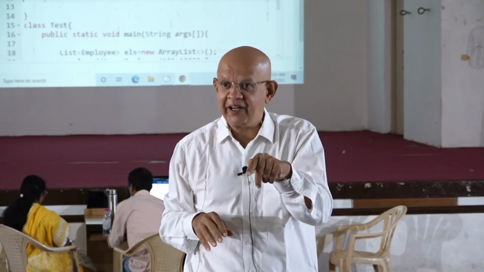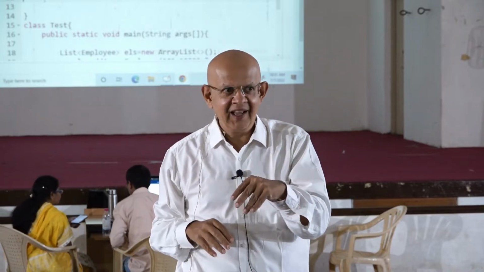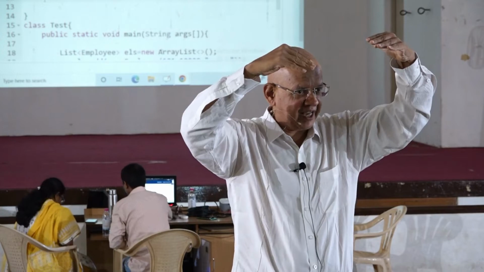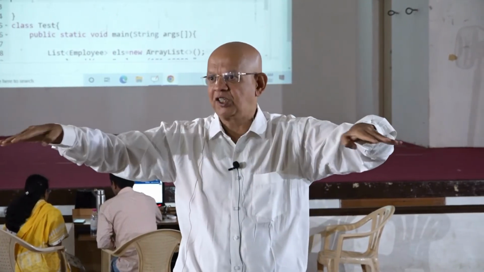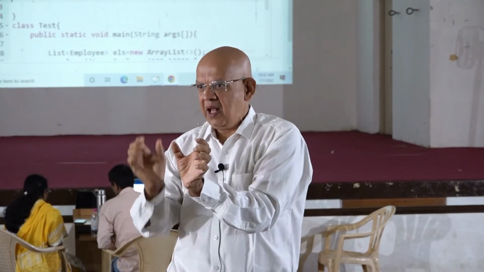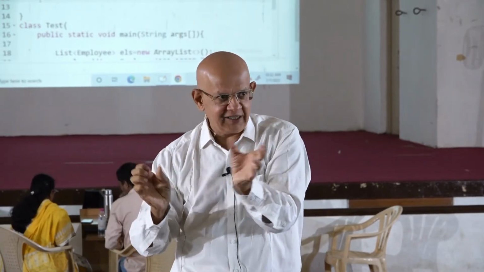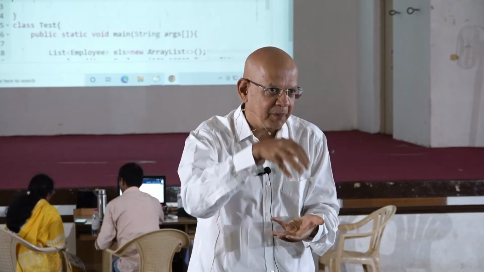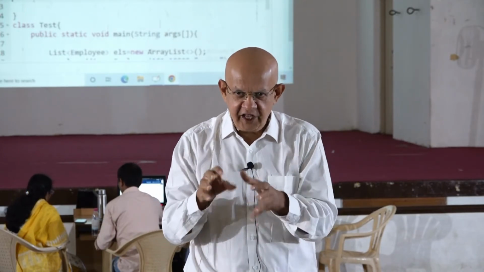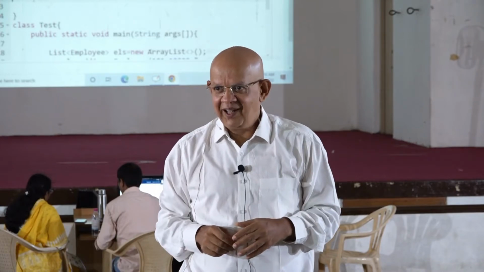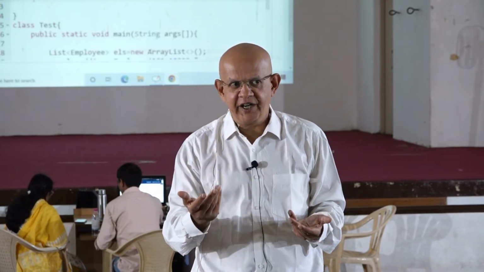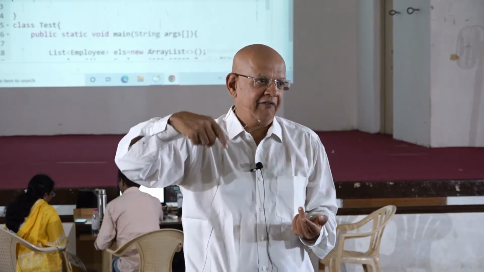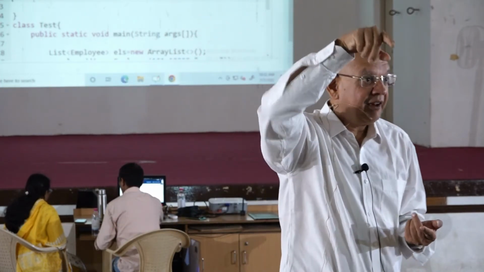If I put the override tag, then it will check whether there is really a method in my inheritance hierarchy which is a similar toString with the exact name, exact parameters and return type. If I don't put the override and make a change in the signature, then Java will say, okay, you didn't say it was an overridden method, so I didn't go and look in the hierarchy whether there is already a method like this which you are overriding.